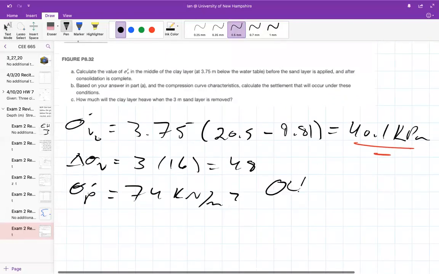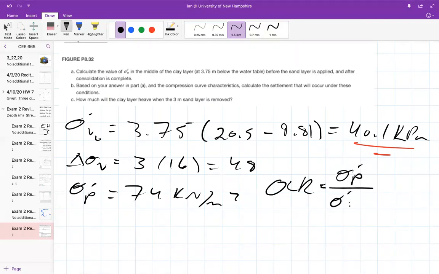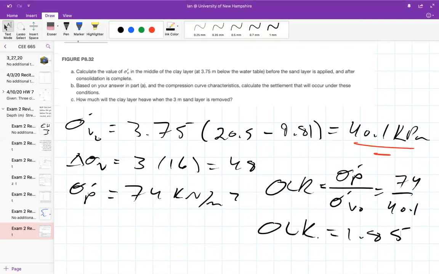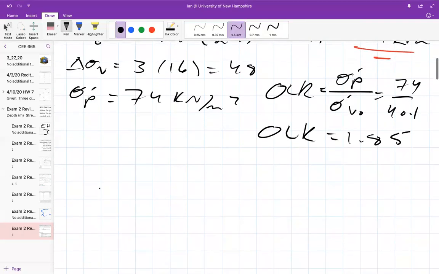And so we need to check the OCR. The OCR is sigma p prime over sigma v naught, so 74 over 40.1, which equals 1.85. So we're probably going to have an over-consolidated soil. So we do.